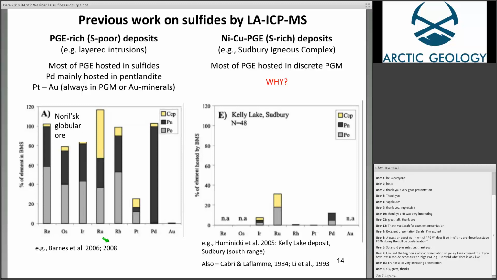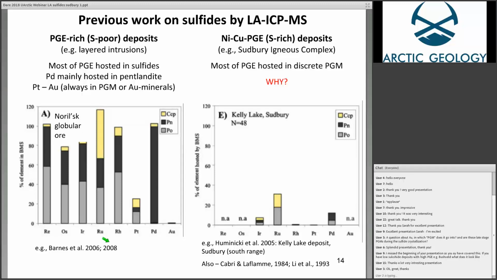So even though this is Norilsk, which is not a sulfide-poor deposit at all, it is still PGE rich. The PGE reefs, like the Bushveld, have essentially the same pattern. I think it's because there aren't as many semi-metal elements, because you're far from contamination. Your source of sulfur is normally internal.